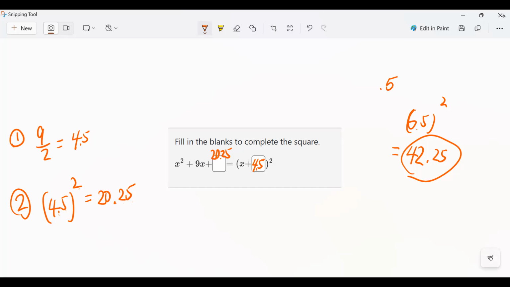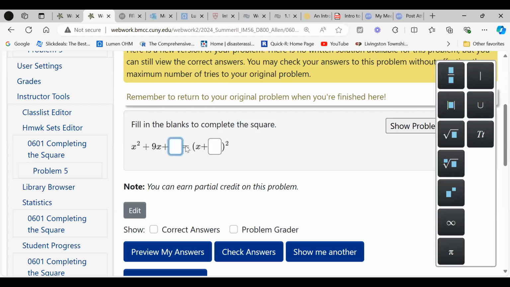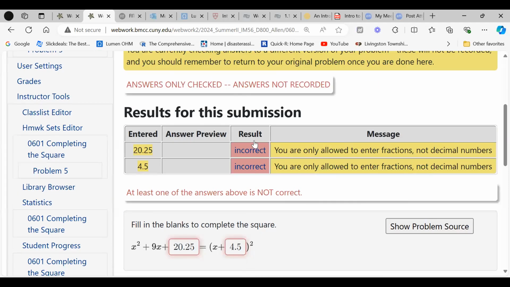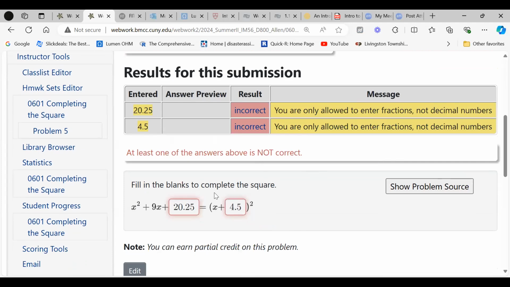So the answer will be 20.25, and then inside the parentheses will be x plus 4.5. Check the answers. Incorrect.